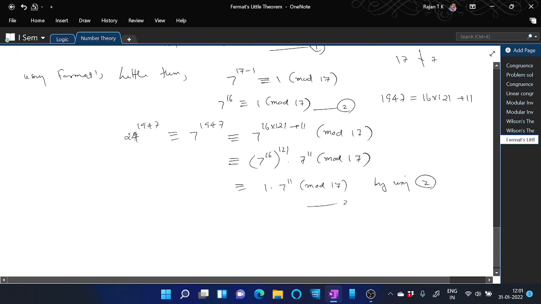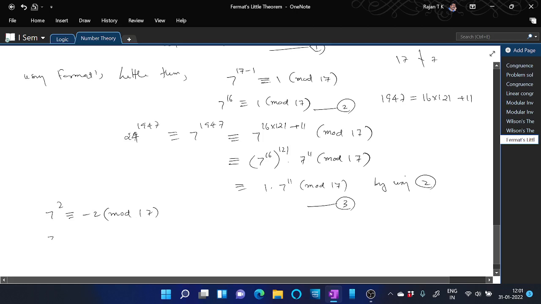Take this as 3. Again, we know 7 squared is congruent to minus 2 mod 17. So 7 squared is 49, plus 2 becomes 51, which is a multiple of 17.